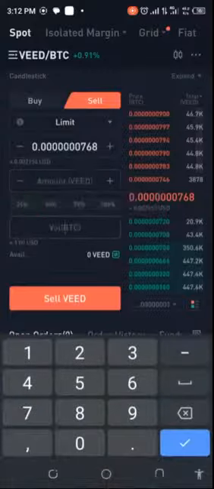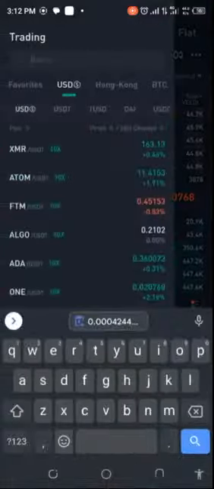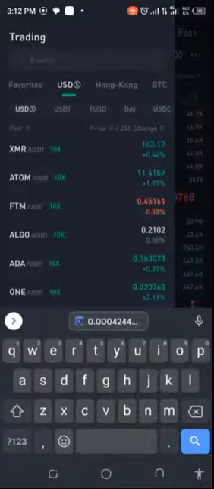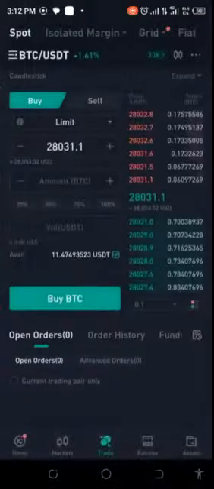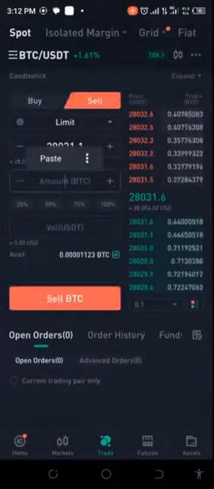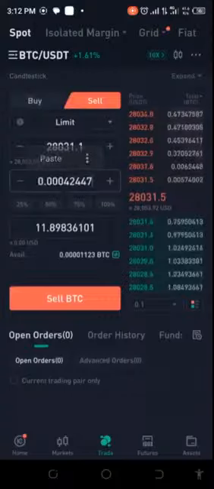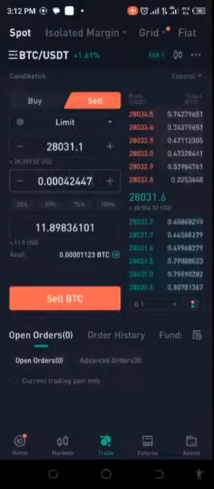I will be able to sell read USDT, buy read USDT immediately. But would I be able to do that for read BTC? Not sure. So let me just come over here and sell and see how much I'll get. Okay, a little bit less than 11.92, it's 11.89. We're still in profit. So let's go ahead and get this started.